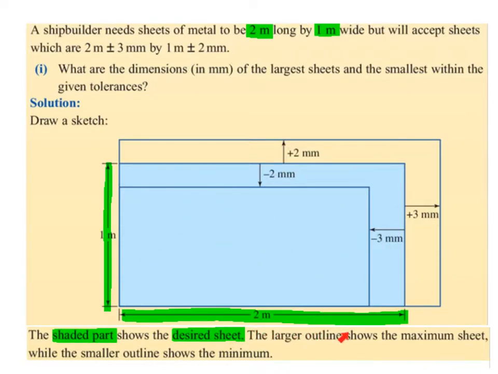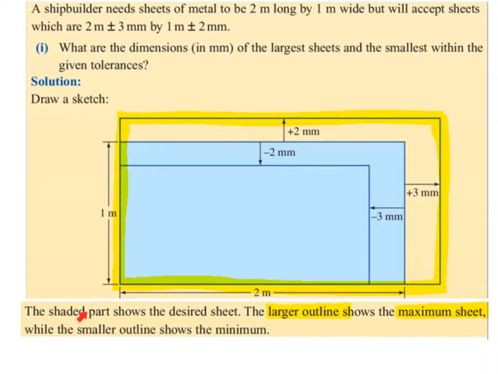The larger outline shows the maximum sheet, while the smaller outline shows the minimum sheet. We're going to have a look at this in a bit more detail now. So the shaded part shows the desired sheet, so that's the blue part. But the larger outline, what I've now highlighted in yellow, shows the maximum sheet.